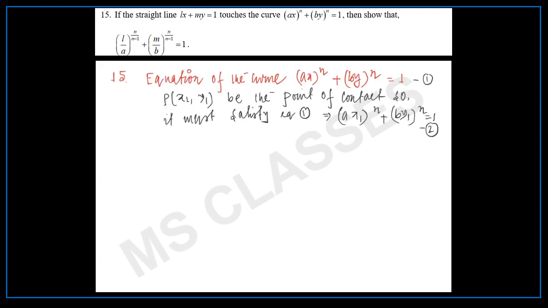Now to get the equation of tangent, we need the point of contact. We have got that. Now on differentiating, we have to find the slope.